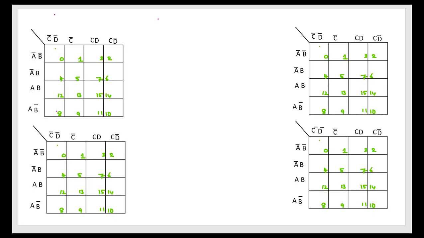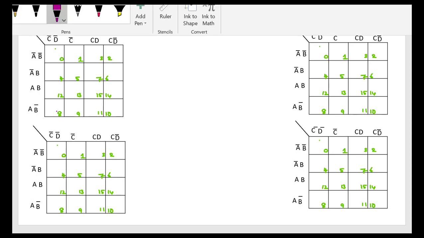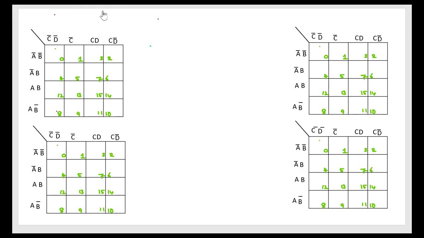Now let us consider the 4 possible solution case in case of 4 variable K map. Let's write the min terms. Sigma m 1, 3, 4, 6, 7, 9, 11, 12, 13 and 14.